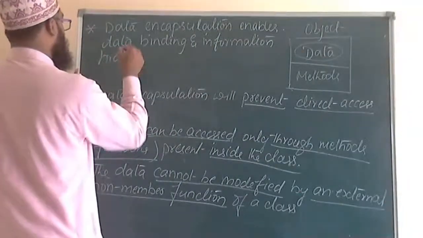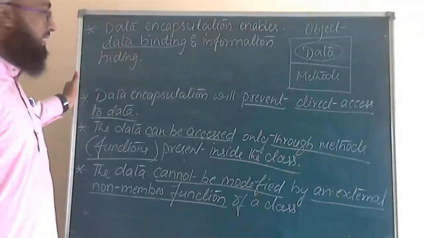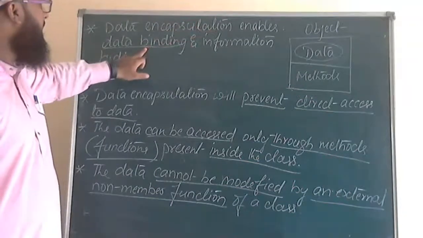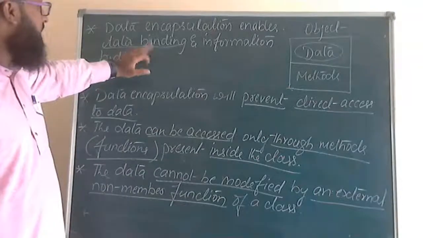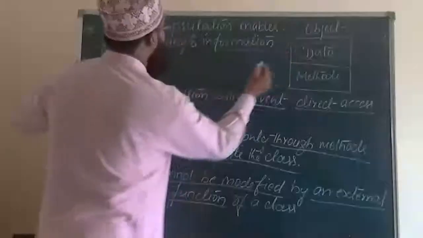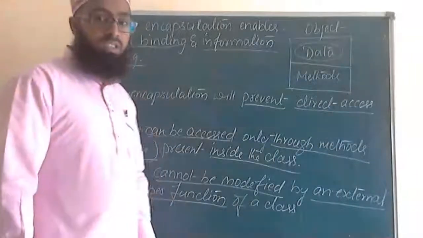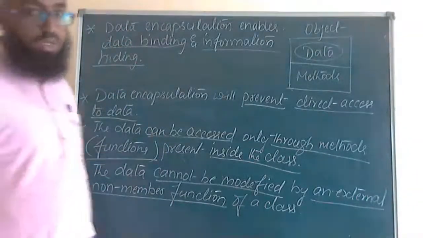Okay, look here. Data binding, the next characteristic, we shall discuss. So remember that data encapsulation will enable data binding. Remember data binding. What is data binding? We'll discuss later. And information hiding will allow the user to hide the information. So this is called data encapsulation.